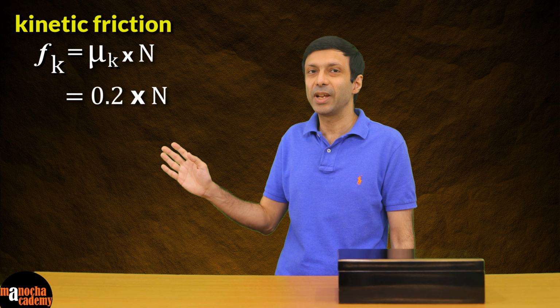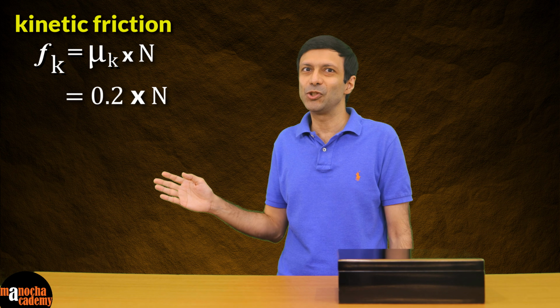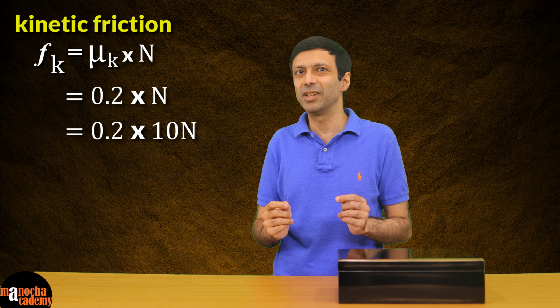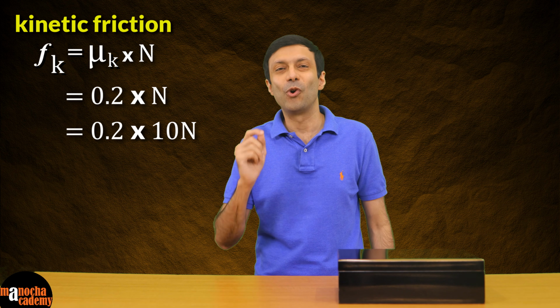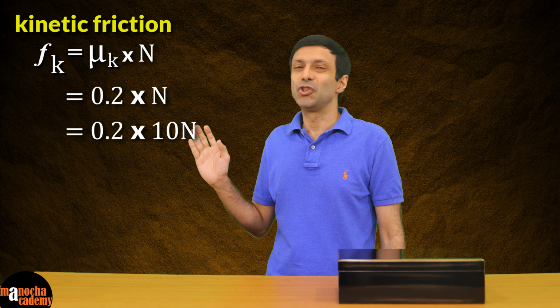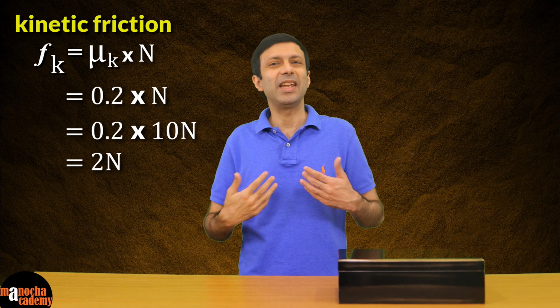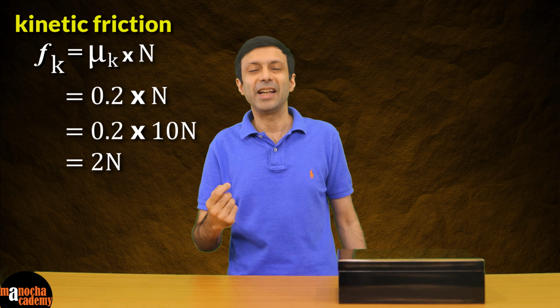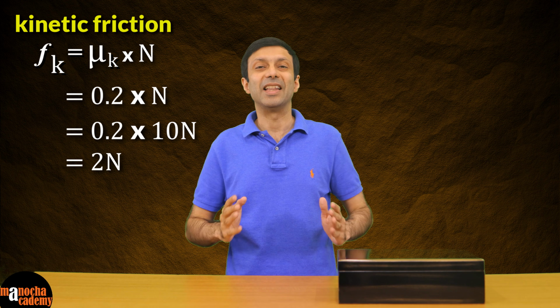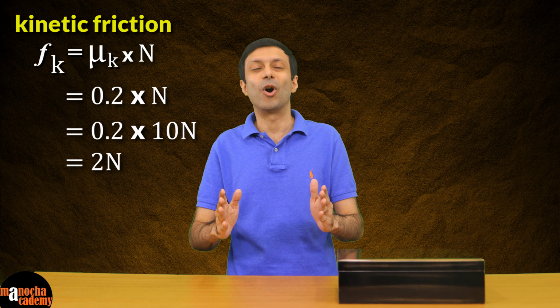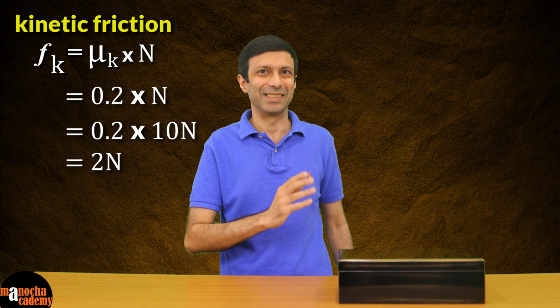It's going to be mu k times the normal reaction N, which means 0.2 multiplied by 10 Newton. So our force of kinetic friction is 2 Newton here. So this is how you can use the formula to easily calculate the kinetic friction force, that is, the friction force when the body is in motion.